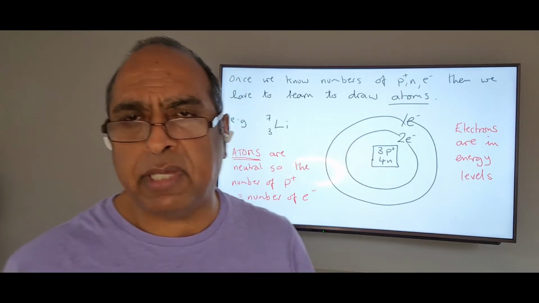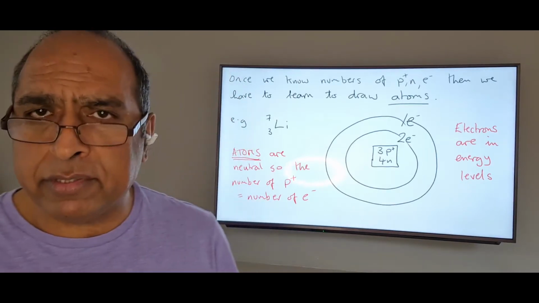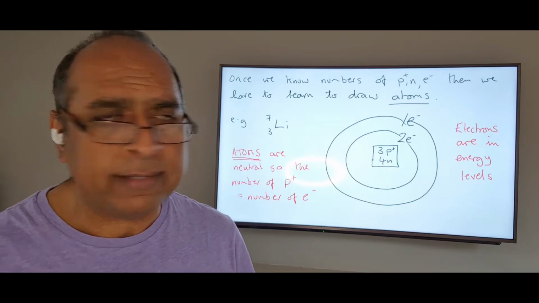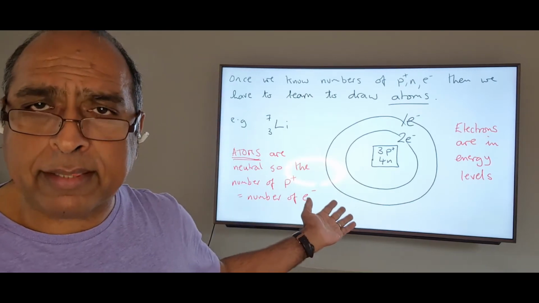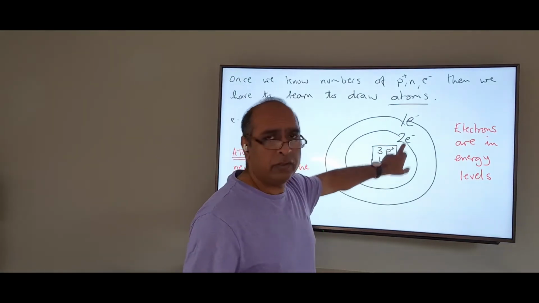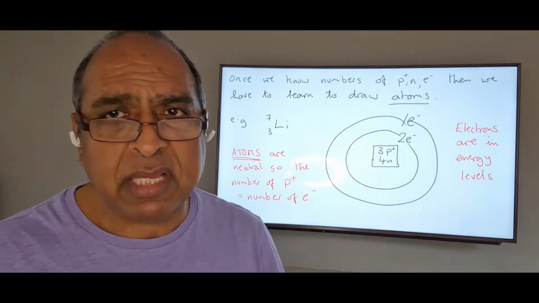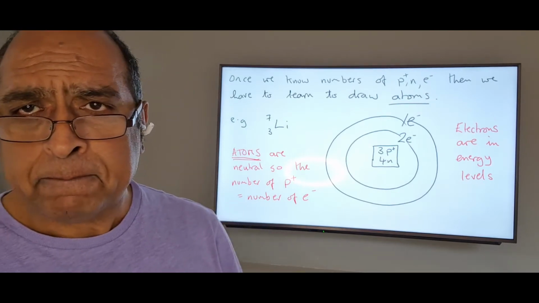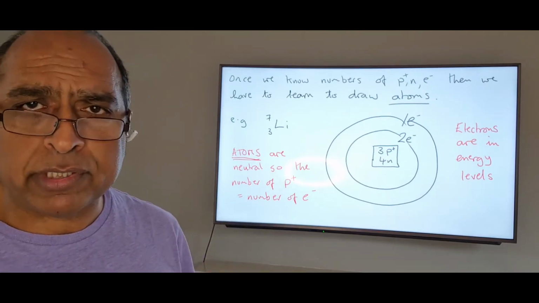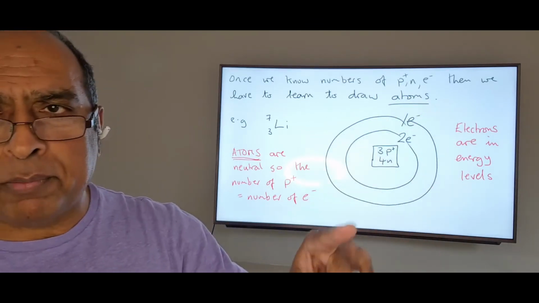If you look at books, they often don't. They normally draw little circles and put the number of protons and neutrons in there. And I quite like that representation because I'm not having to count the number of electrons. I've written in the number of electrons, but again, that's not normal. Normal on the internet and books is to put blobs for electrons. Then you have to go around counting the blobs.